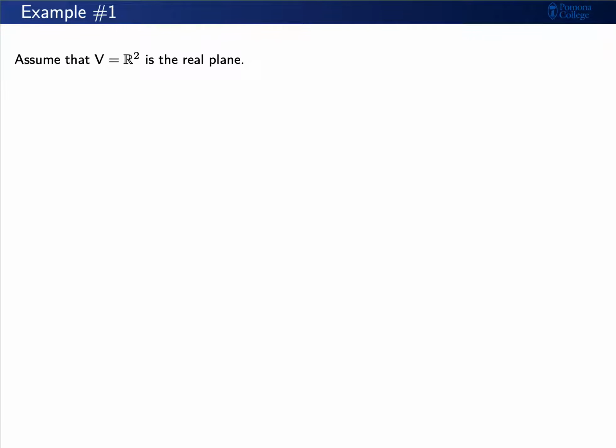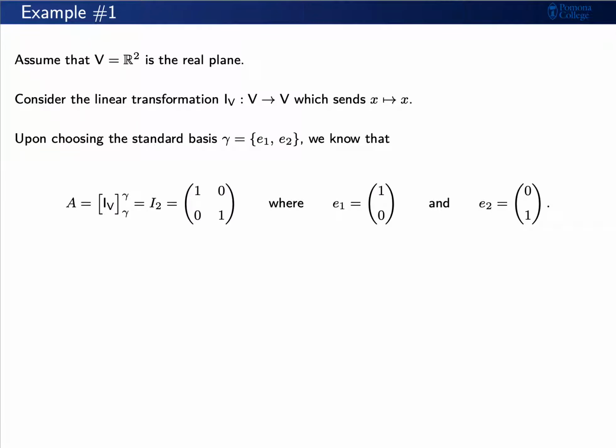Let's assume that V is R2, the real plane. First, let's consider the linear transformation that is just the identity transformation. That is, I sub v is just that map that takes a vector x to itself. Upon choosing the standard basis, where e1 is the vector (1, 0) and e2 is the vector (0, 1), we see that the matrix representation of this identity map is just the identity matrix, (1, 0; 0, 1).